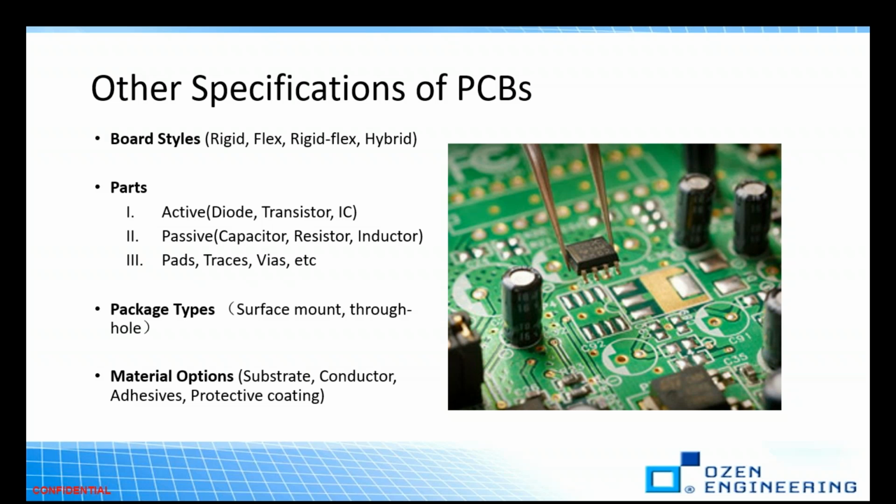From a parts perspective, we have active parts on the PCBs, such as diodes, transistors, and integrated chips, also passive components such as capacitors, resistors, and inductors, and we also have pads, traces, vias, etc. In terms of package types, we can categorize PCBs into surface mount or through hole. There are also different material options for the PCBs: substrate, conductor, adhesives, and protective coating.